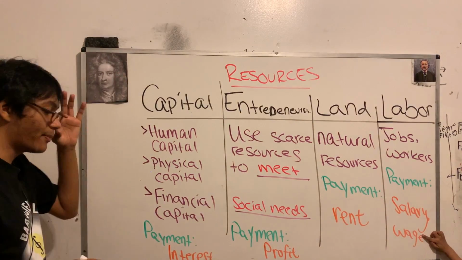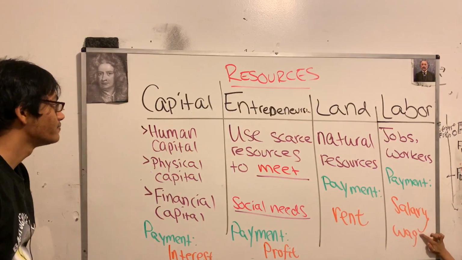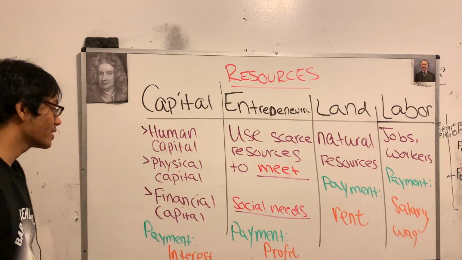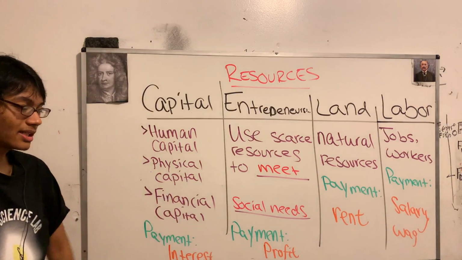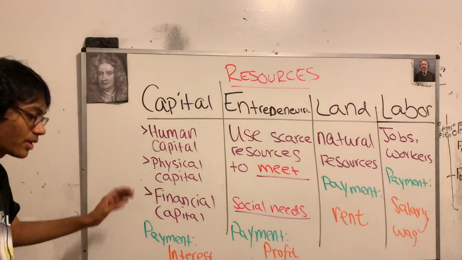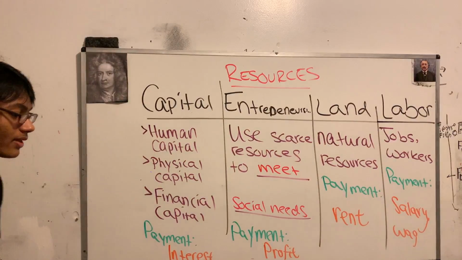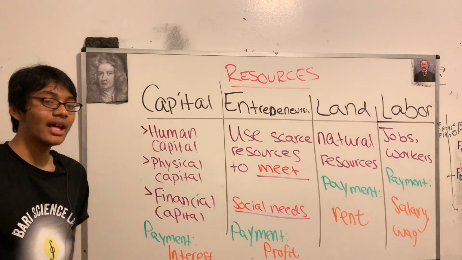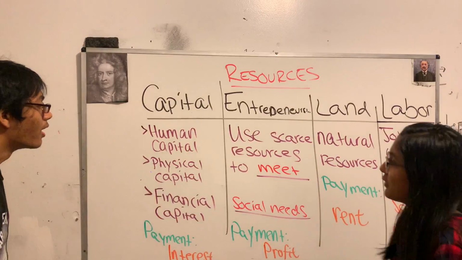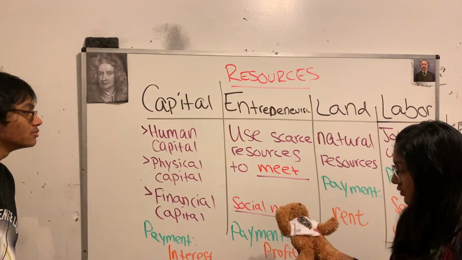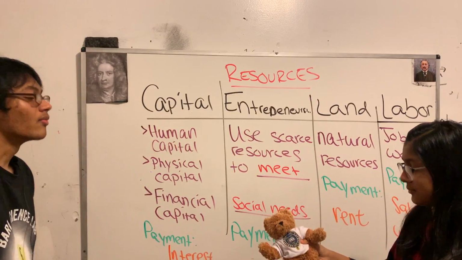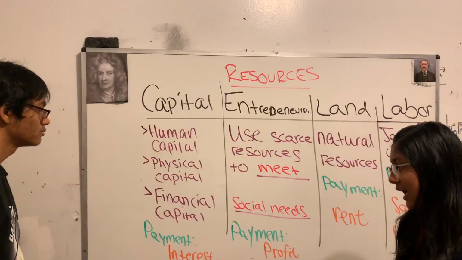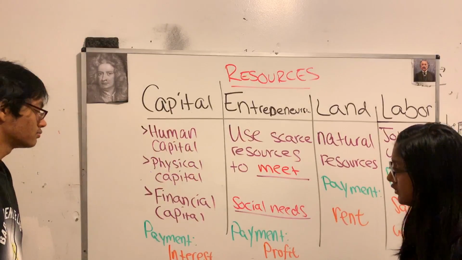Please explain capital. Well, capital, we have 3 examples. You can come up here and bring an example of capital and show it to the audience so that they can really understand what capital is. Basically, capital, there are 3 examples: human capital, physical capital, and financial capital.